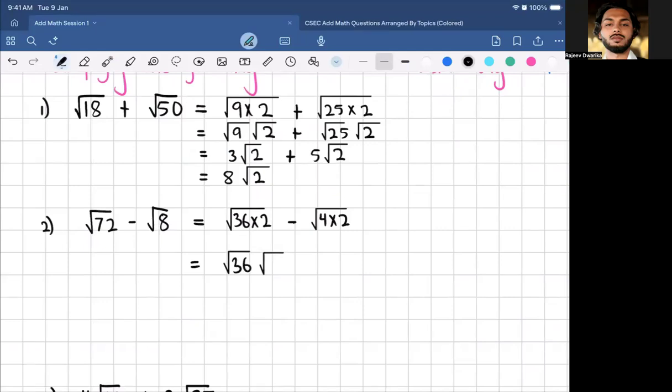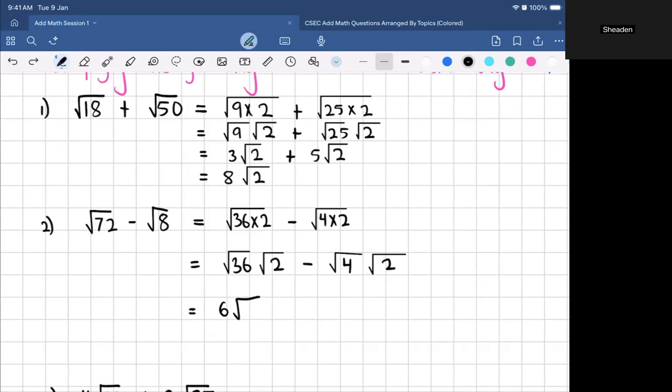What's the square root of 36? 6. Square root of 4? 2. All right. So you're going to end up with 6 root 2 minus 2 root 2. If you have 6 of something and you take away 2 of it, you remain with 4 root 2, and that's it.